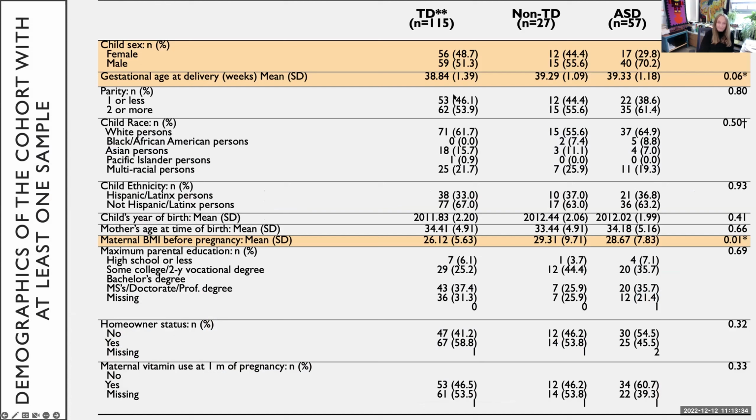Then the gestational age at delivery seems to be longer for non-TD and ASD. And finally, the maternal BMI before the pregnancy, with women seeming to have higher BMI than women whose children had typical development.